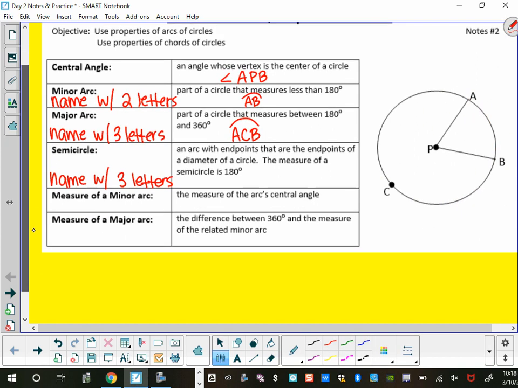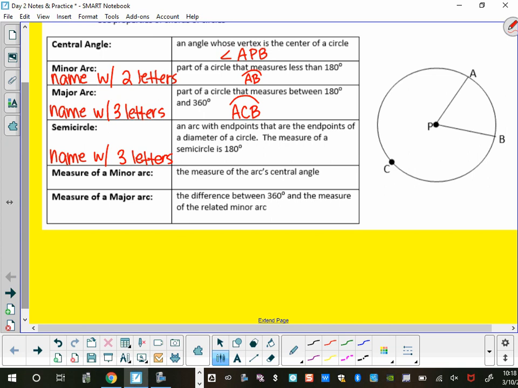All right, the measure of a minor arc. The measure of a minor arc is the measure of the arc's central angle. So let's look at this angle here. Let's say that this angle was 50 degrees. That means my arc is also 50 degrees. That is important.